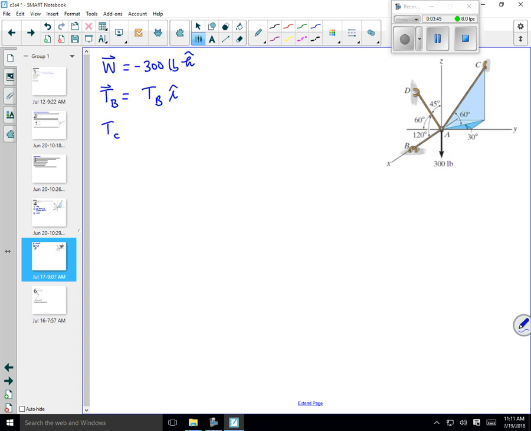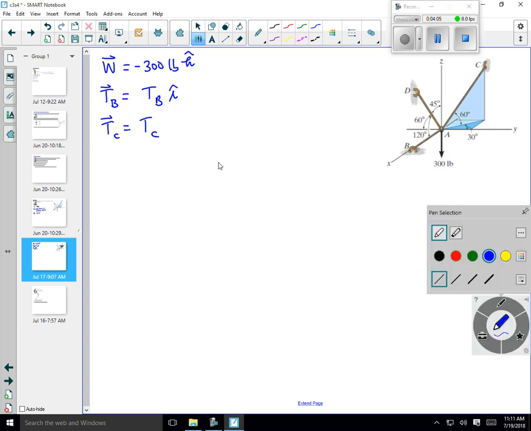TC. TC is going to be a little bit more trouble. It has a magnitude again of TC. But then I've got to break it up. This is one of those problems where first I break it up into A prime. There's A prime, that red vector I just drew on there.